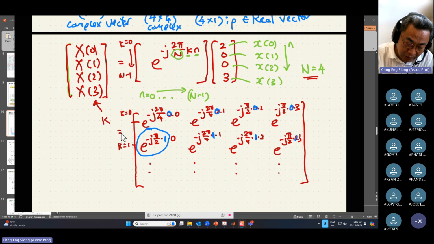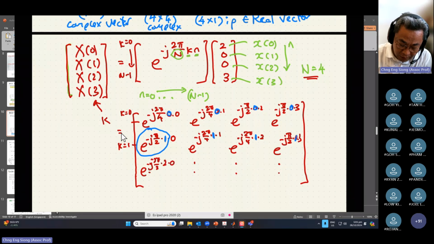The next one, I'll show you now. e^(-j2π/4 × k) is 2 times 1.